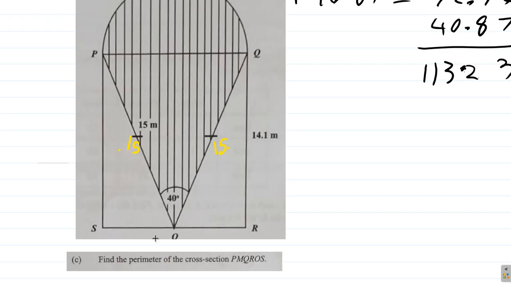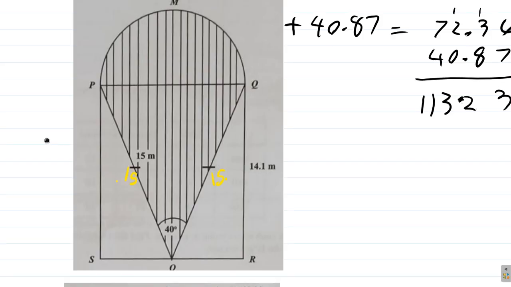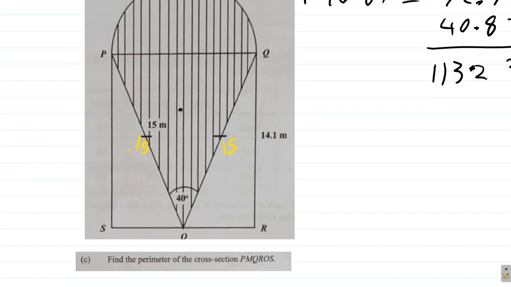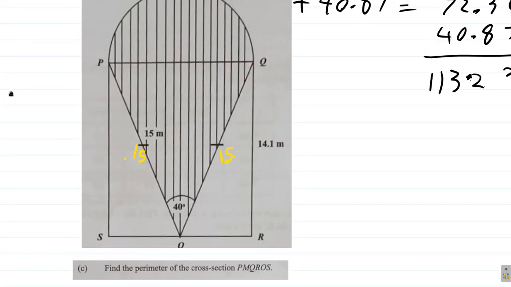Oh, hold on. The perimeter of PMQRS. Oh, it's the whole thing I want. I've run out of scrolling space, can't scroll down anymore. But anyway, these 15s would be necessary. We have 14.1 down here, and 14.1 here.